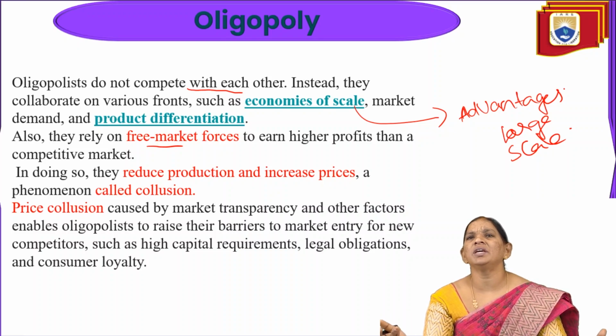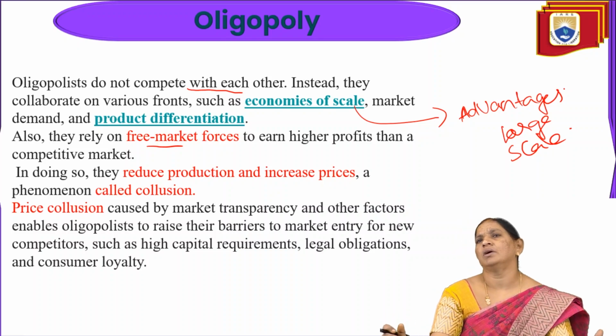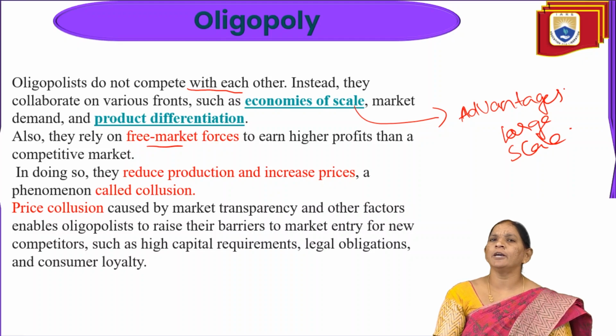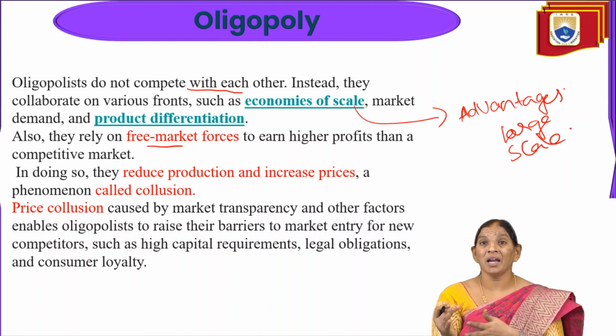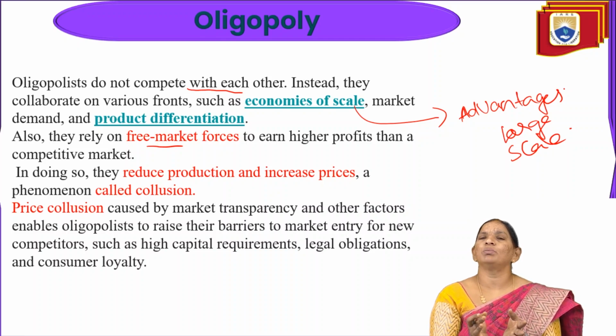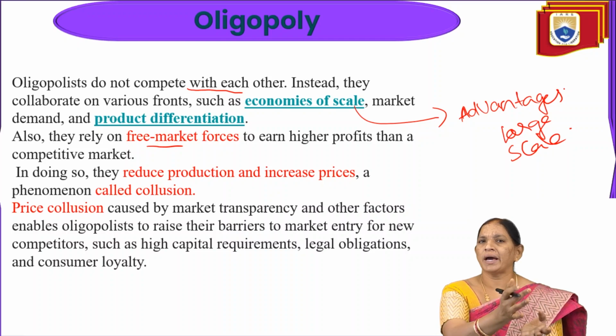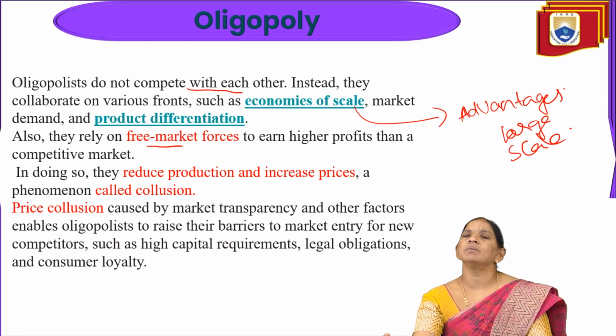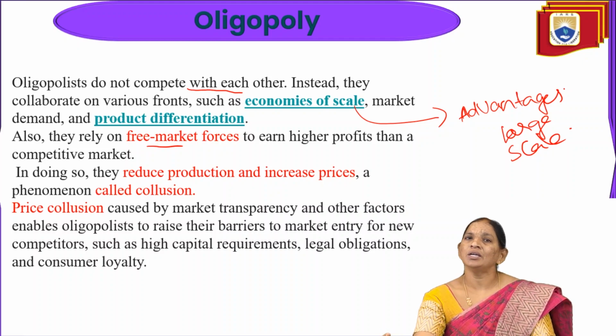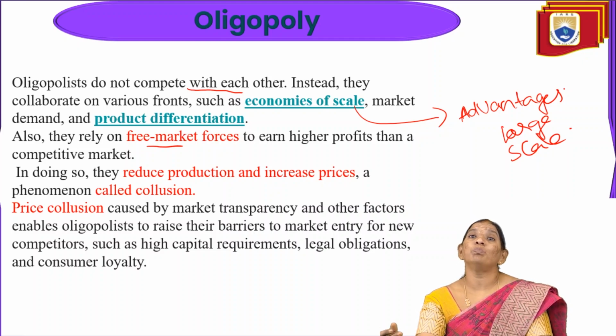So they are free to enjoy whatever profits they can related to their shares. Why? Because due to brand image or brand existence, the customers will accept that brand only. So by that, these companies can enjoy higher profits than in a competitive market.